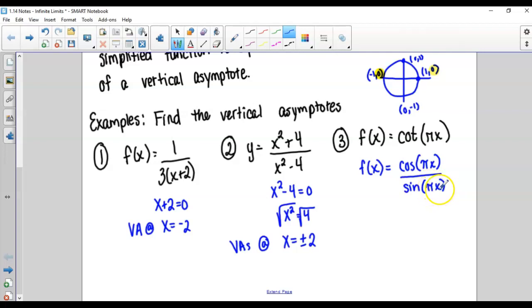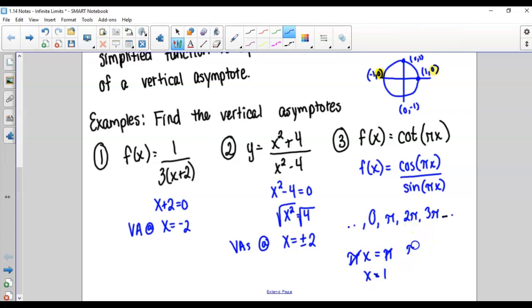But we've got that pi there with the x, so rather than just saying that it's pi, 2 pi, 3 pi, and so on, pi times x is going to equal all of those things. So if pi times x equals 0, x still equals 0. But if pi times x equals pi, then we divide both sides by pi, and x would equal 1.